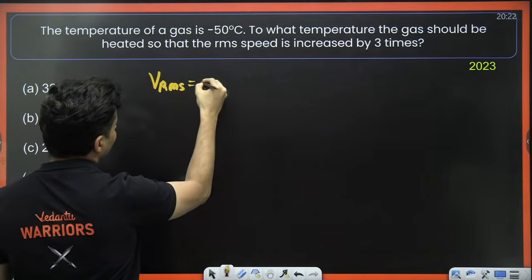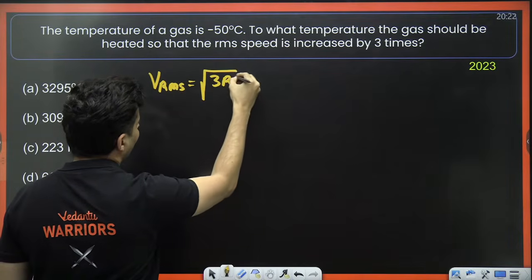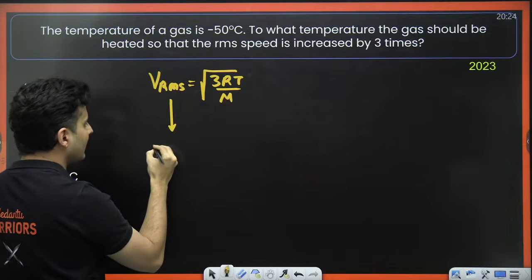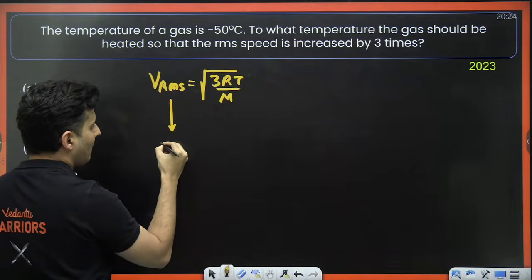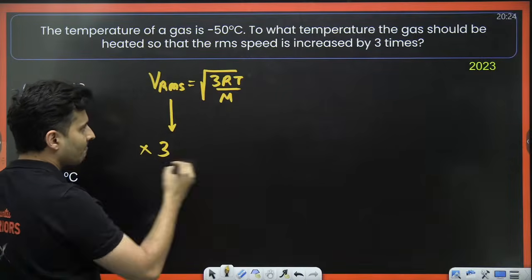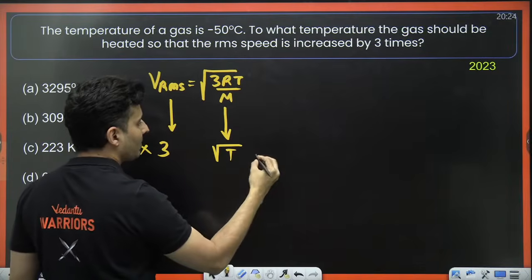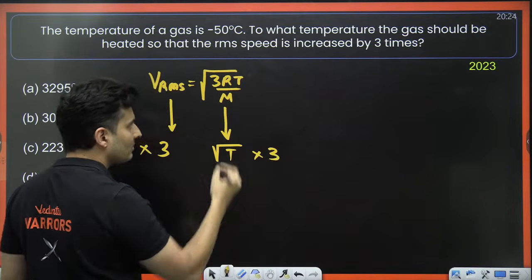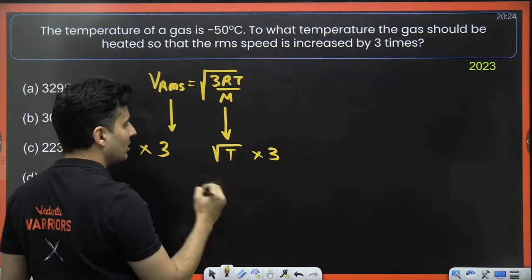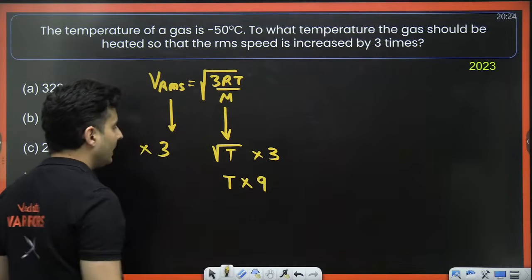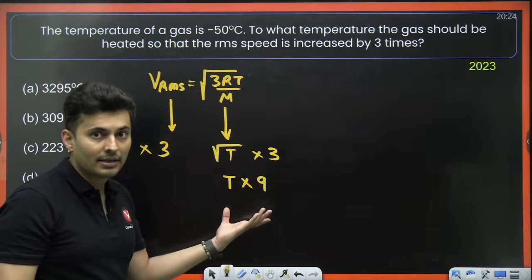Vrms is root of 3RT by M. If I increase the speed by 3 times, that means the root of the temperature has to increase 3 times, because Vrms is directly proportional to root T. That means the temperature has to increase by 9 times. That's what it feels like.